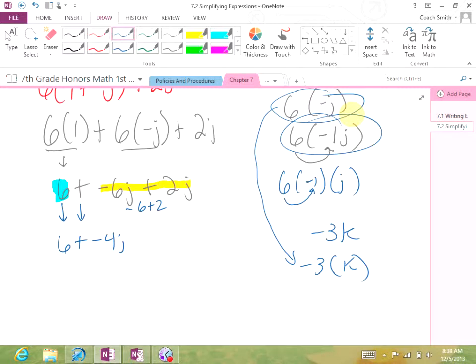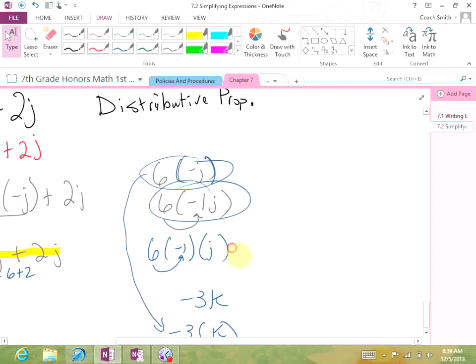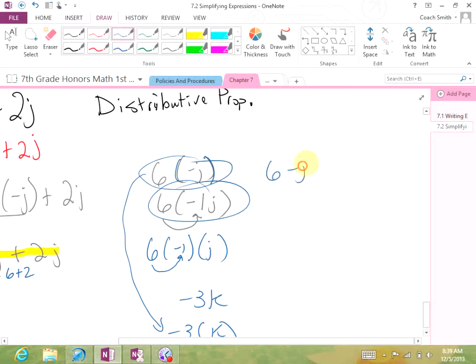In other words, we're eliminating this right here, and you can't do this. I can't write it like this. I can't take the parentheses out and put the 6 in front of the negative sign. Because if I had 6 times j, that would be 6j. I just took the parentheses out, that's the same exact expression.